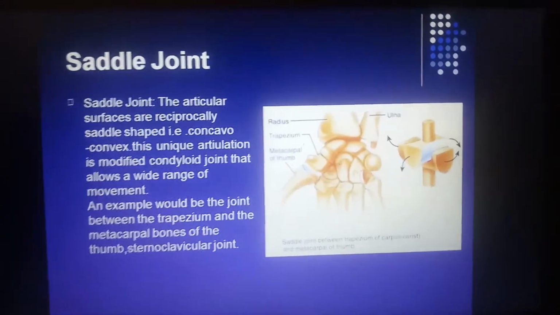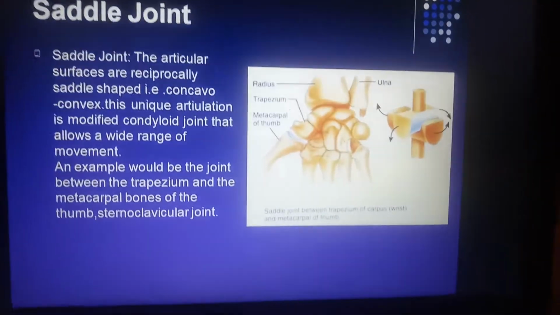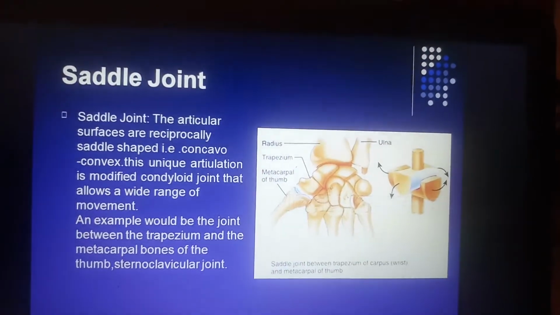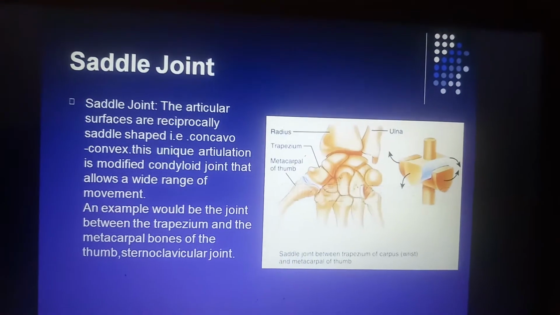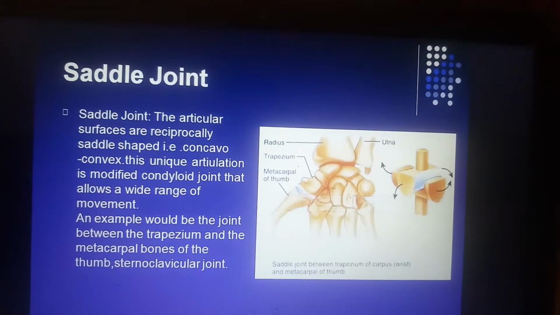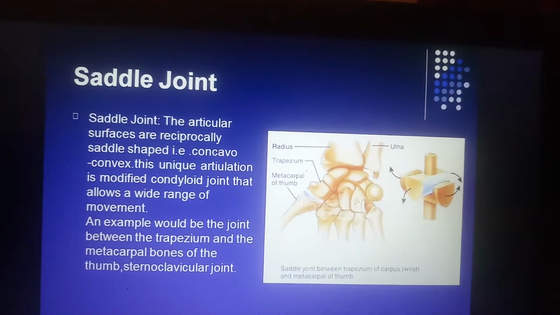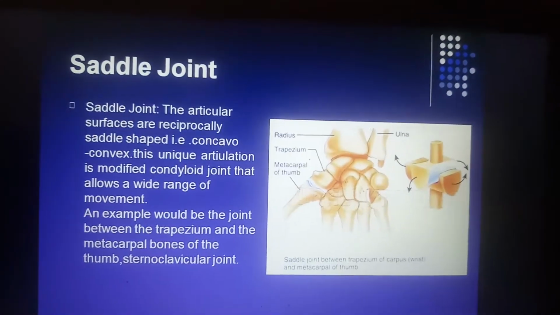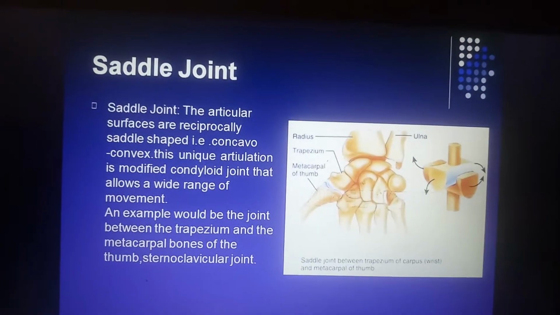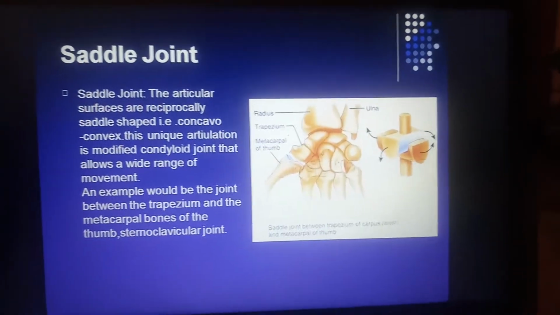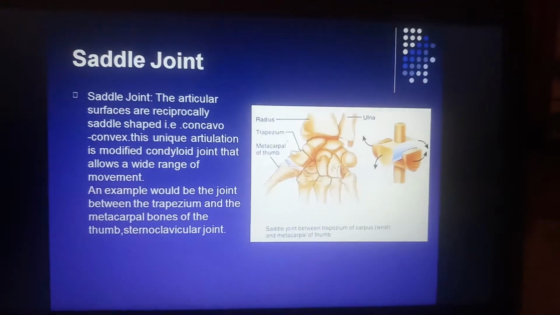Then is the saddle joint. Here the articular surfaces are reciprocally saddle shaped, that is concavo-convex. This is a very commonly asked question: which type of joint in your body is of saddle variety and why is it known as saddle joint? So your answer would be the articulating surfaces are reciprocally saddle shaped.